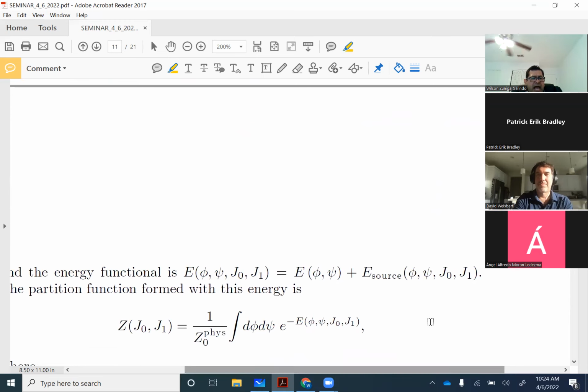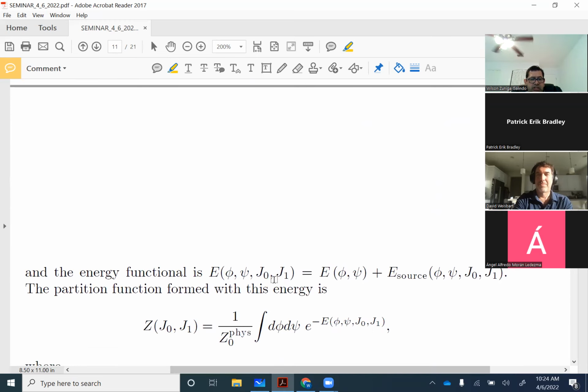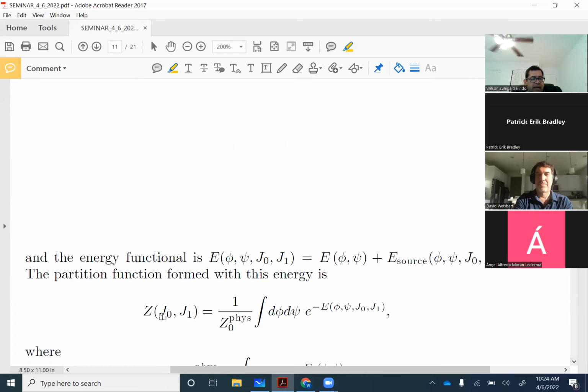Now we have a new energy functional. This is the new energy functional, and this is the partition function. The partition function depends on the currents J0 and J1.